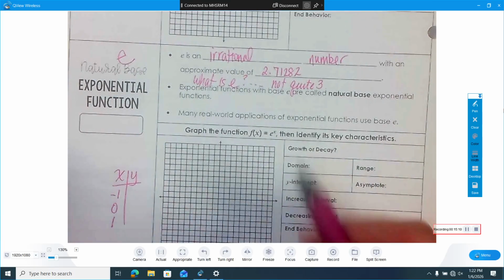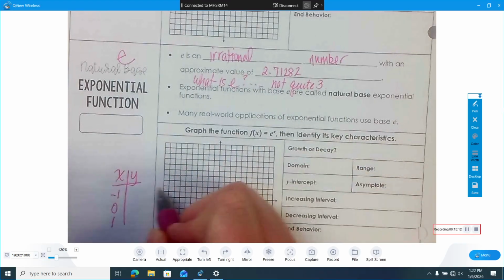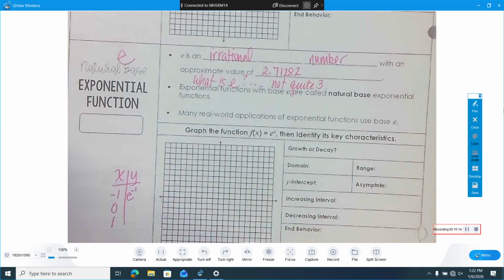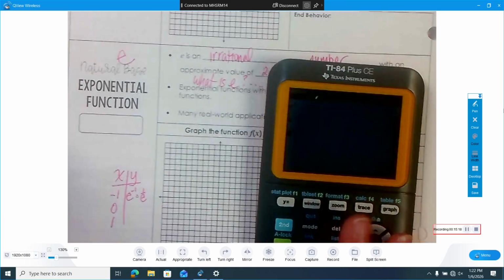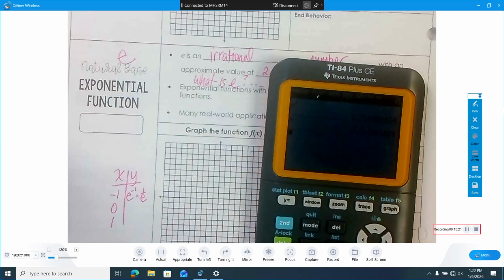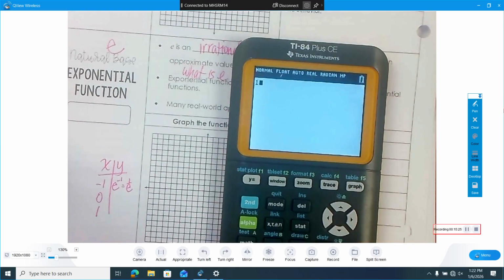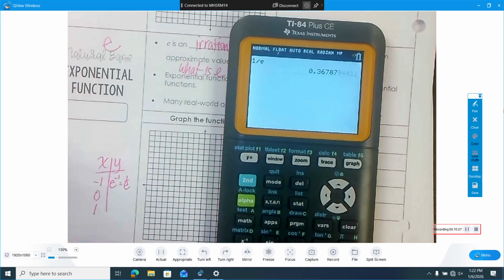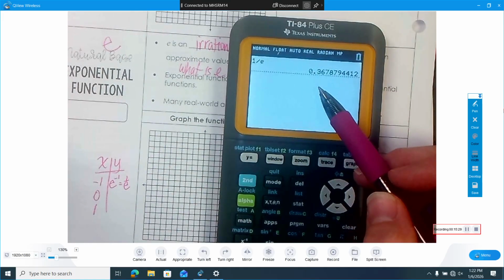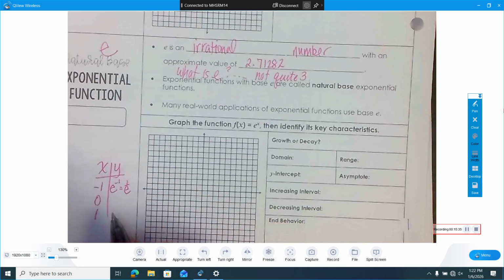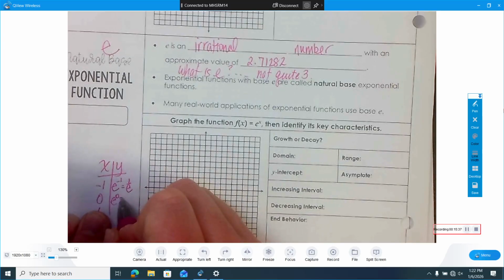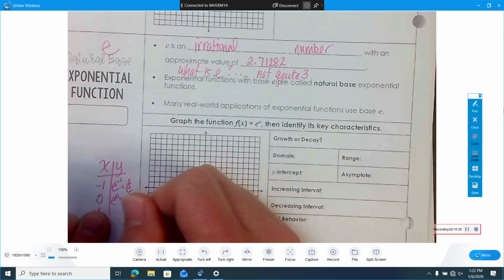If I plug in e to the -1, that's 1 over e, so 1 divided by not quite 3, which is not quite 0.33. e to the 0 is 1.